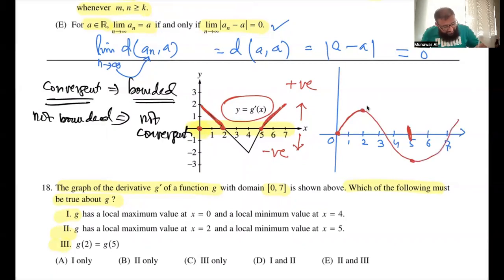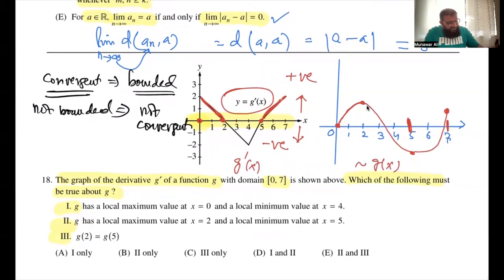The function increases till 7. So you have roughly the graph of the function g. On the left hand side, this is the graph of g prime of x, and this is roughly the graph of g of x.